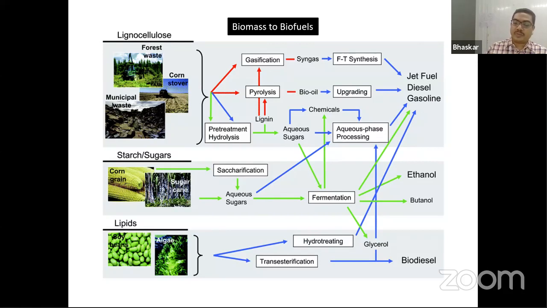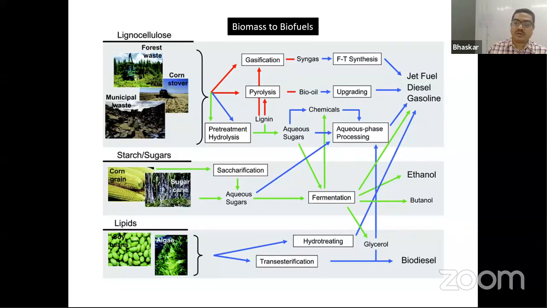Transesterification is a chemical process where triglyceride is broken into diglycerides and monoglycerides, and thereafter esters. These esters are basically the monoalkyl esters, which we call biodiesel. So depending upon the processes and the feedstock, we get different types of biofuels.